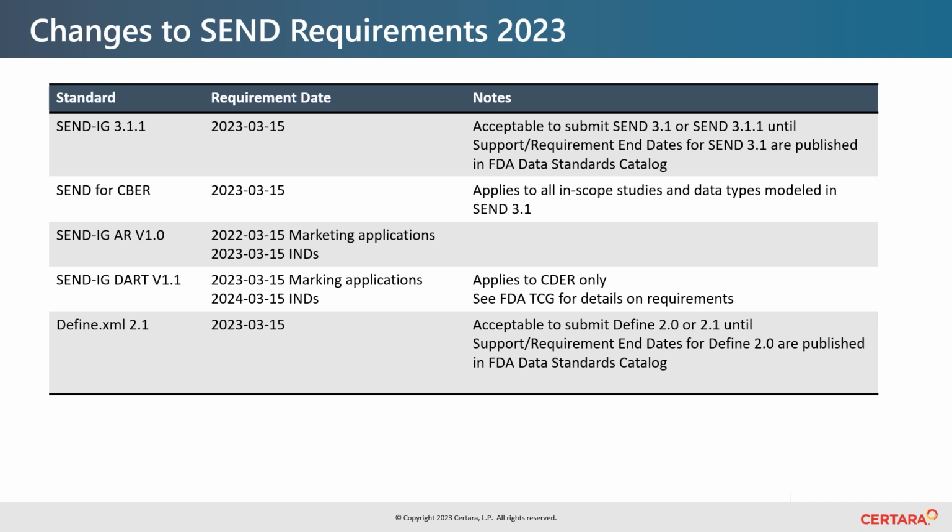And finally, the requirement for version 2.1 of the Define.xml standard also took effect on March 15th of this year. Define.xml files are required as part of all SEND dataset submission packages.